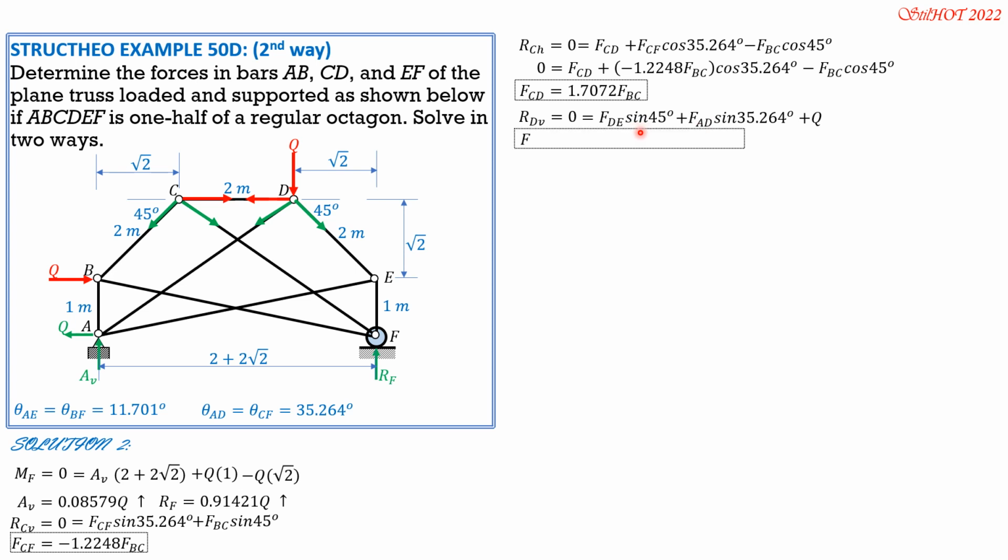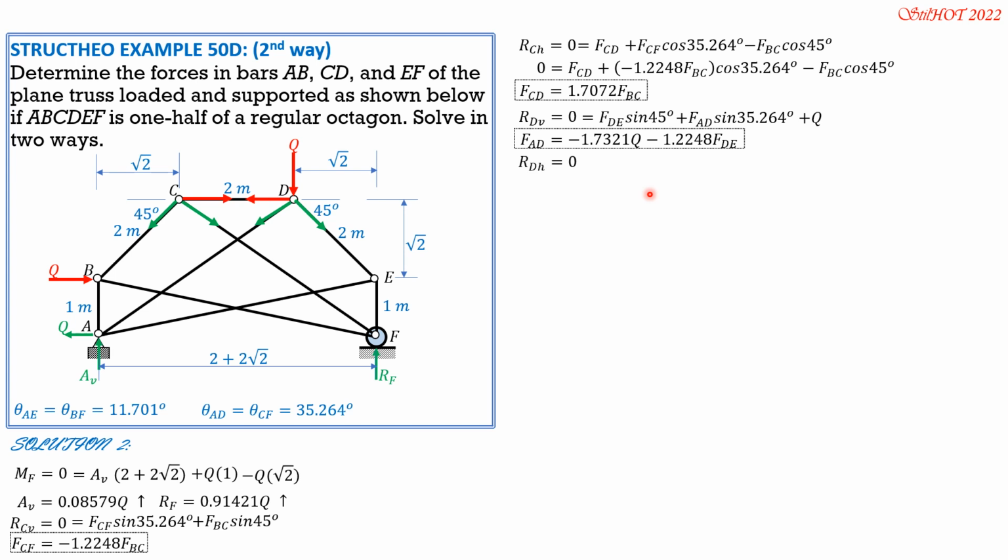So negative sine 45 over sine 35.264 is negative 1.2248 FDE. Then Q to the left, negative Q divided by sine of 35.264, sorry. So negative 1.7321 of Q.